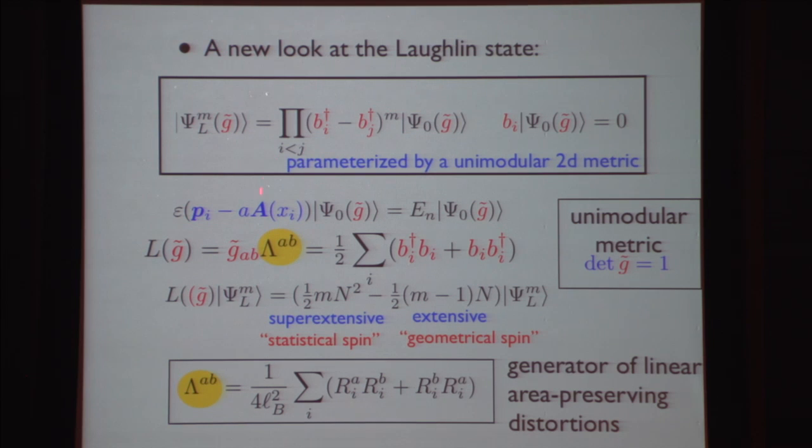So hidden in this thing is a definition of the b dagger operators and the ground state via a metric. And there was no particular reason. The only property that is needed for this is that the metric is unimodular. It's got determinant 1. But there was no reason for it to be in any way related to the shape of the Landau orbit. So it's actually a free parameter of the theory.